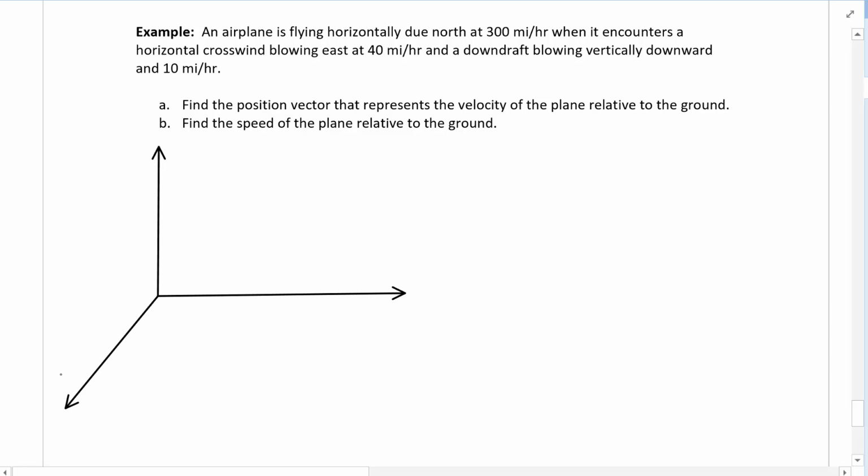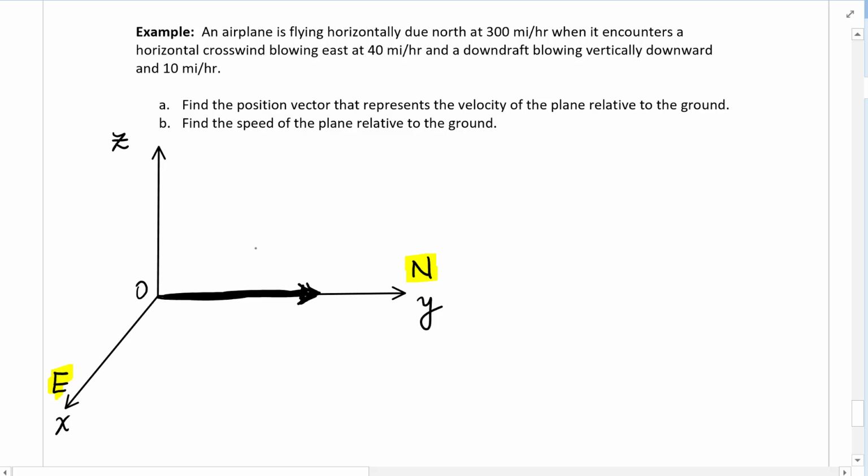So let's mark this as east, this would be north, and this would be the z coordinate. It's still x or y, but let's mark them as east and north here, to be able to write down what we have. So an airplane flying horizontally due north at 300 miles per hour. So this would be 300 miles per hour.